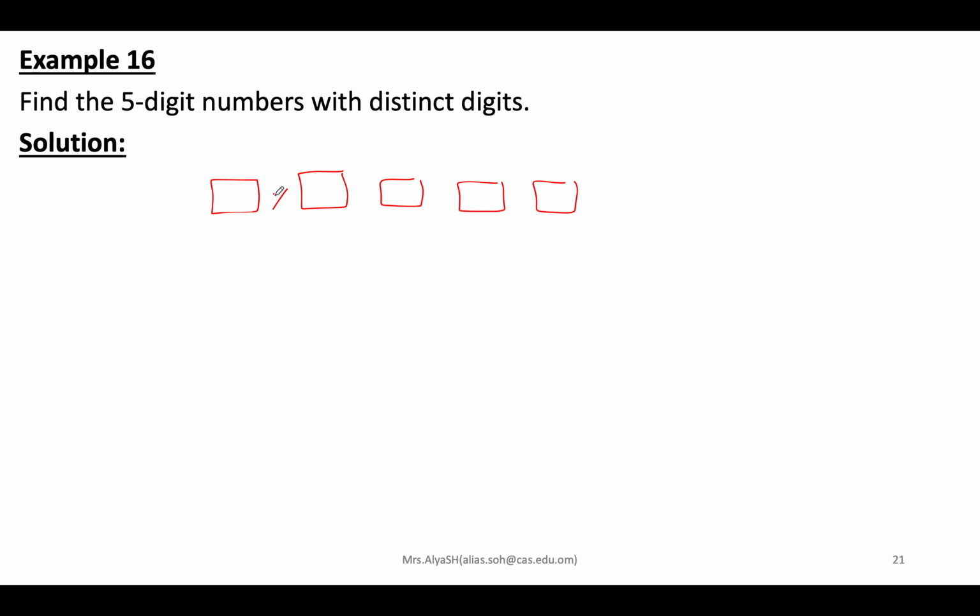So in the first place, I can fill one of the numbers from 1 to 9. 0 cannot be filled here because it would not have a value.